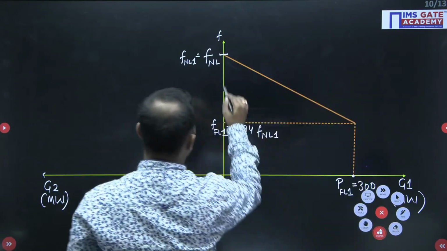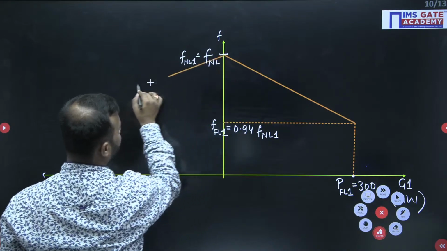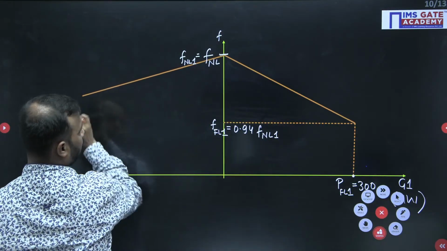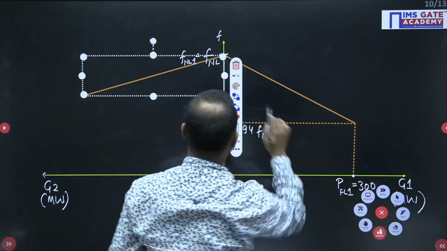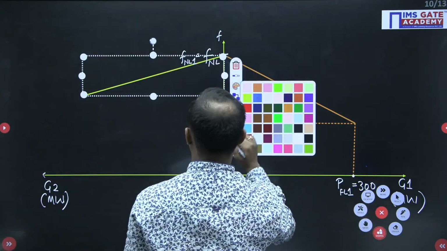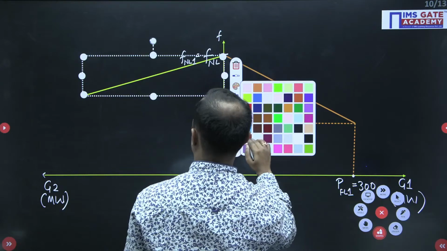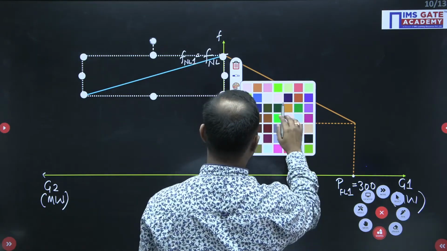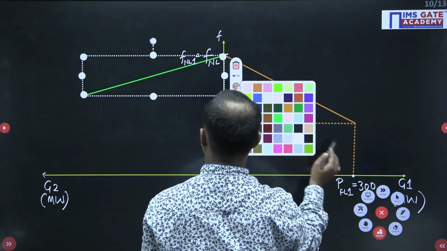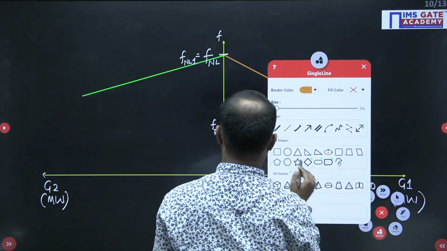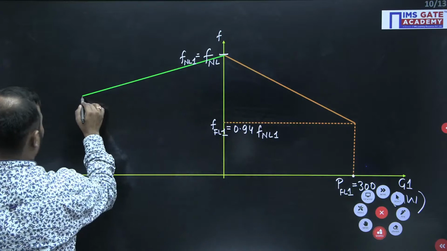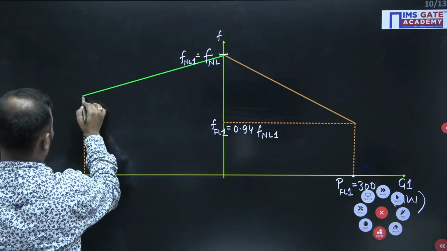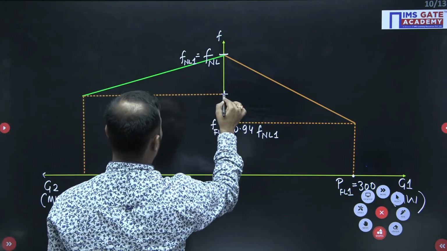Let me take the second. As this slope is very less comparable to this value. Okay, let me change the color. This is the full load and this one is the no load.